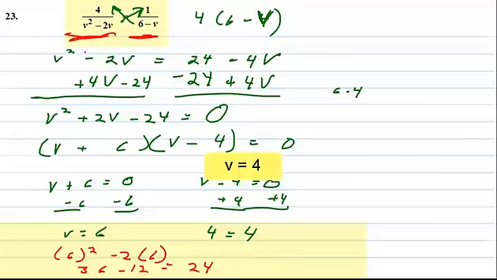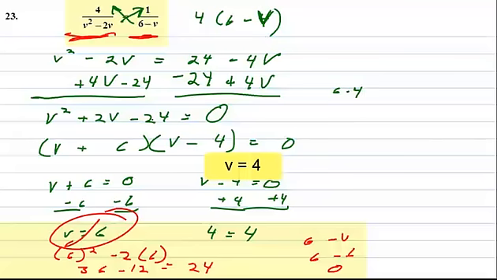So that first denominator is not 0 if we plug in 6. What about the second one? Well, we have 6 minus v as the second denominator. When we plug in 6 for v, we get 6 minus 6, and that's 0. 6 is no good after all.